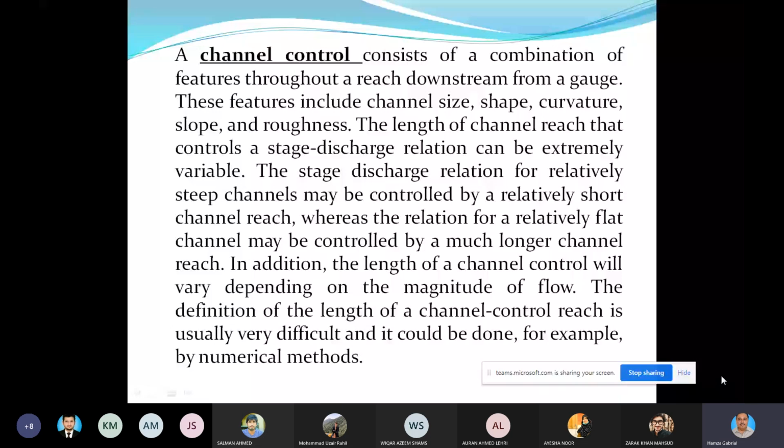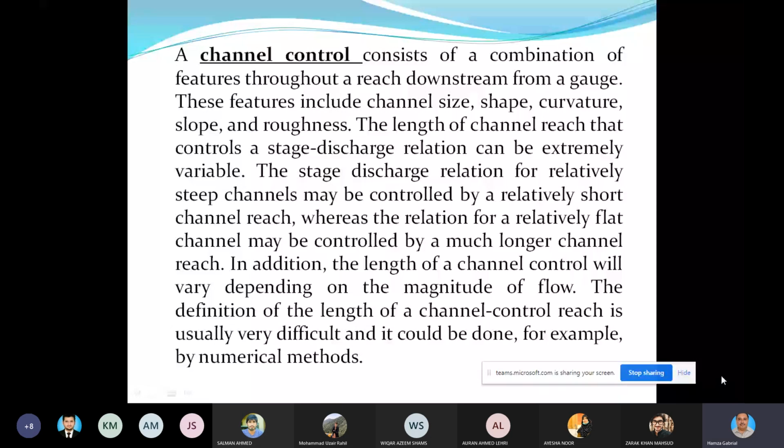Besides channel size, shape, curvature, slope, and roughness, the channel control also depends on the magnitude of flow in that reach. That's why it becomes very complex to define exactly how much reach will be controlled by a specific channel control.